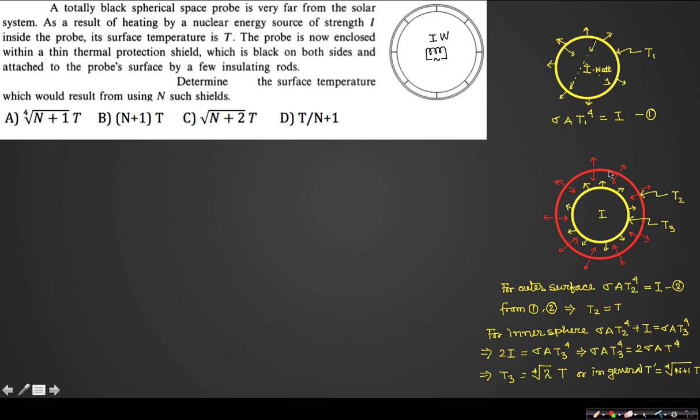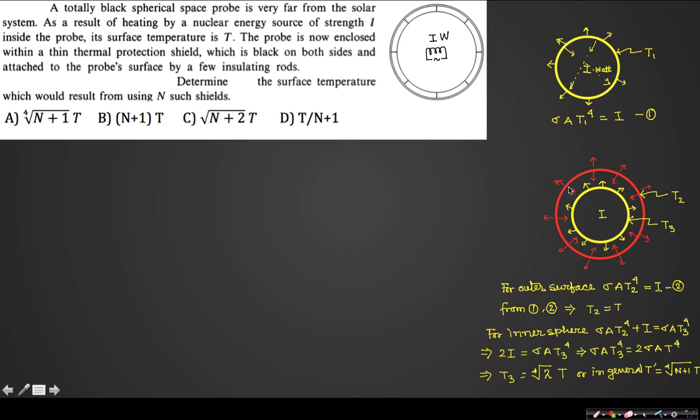What happens now for that enclosure, as it is also a black body, it will emit heat radiation both outside and inside, right? And the heat radiation that it emits from the inside surface falls directly on the outer surface of the spaceship, because the distances are very small.